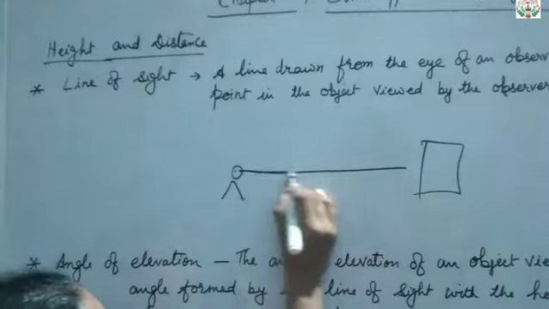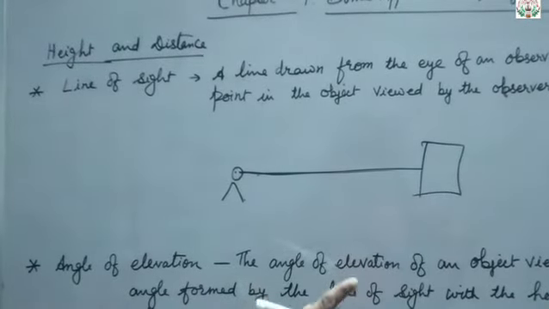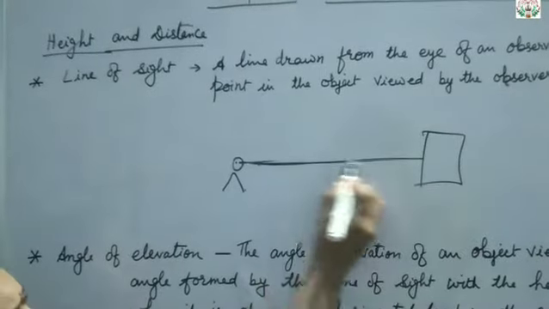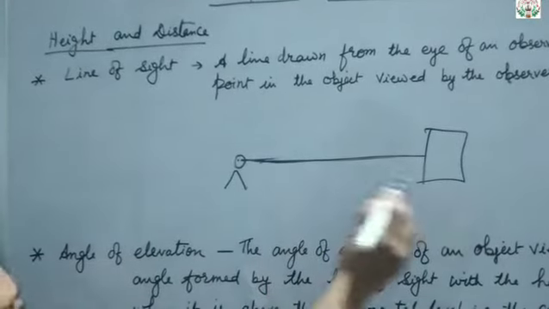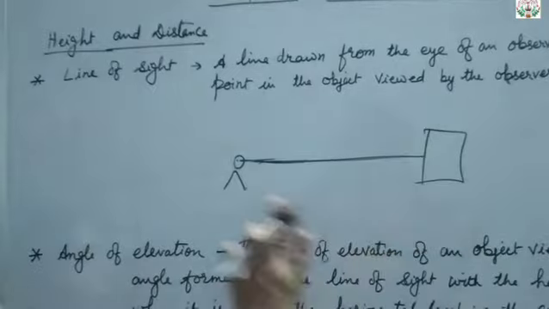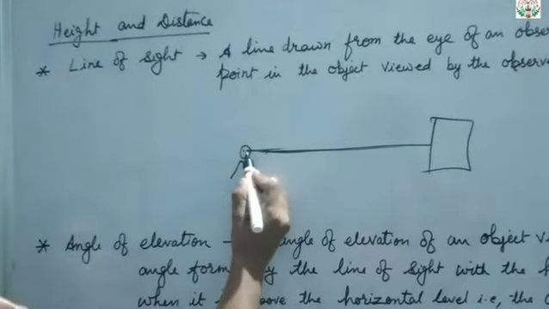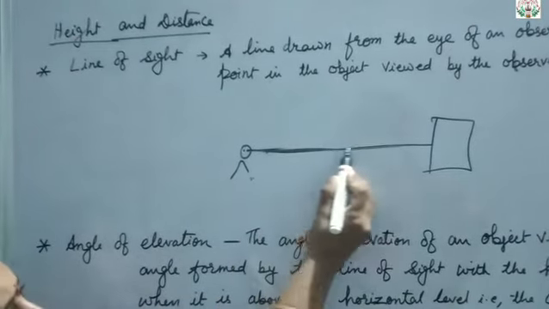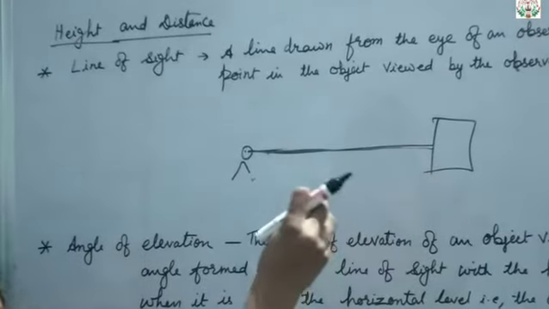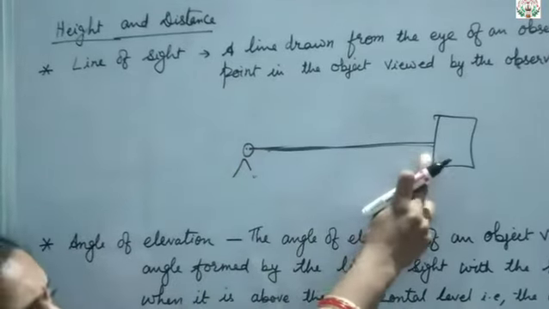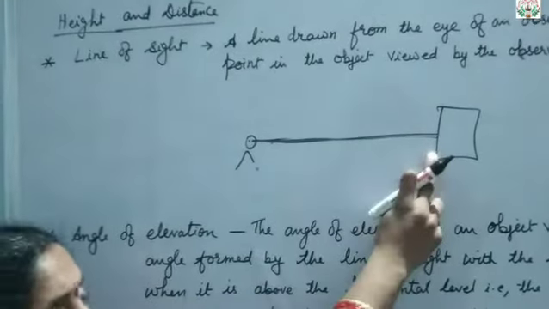If the object is just parallel to me, on the same plane where the person is standing, the line of sight made to see the object will be a straight line.